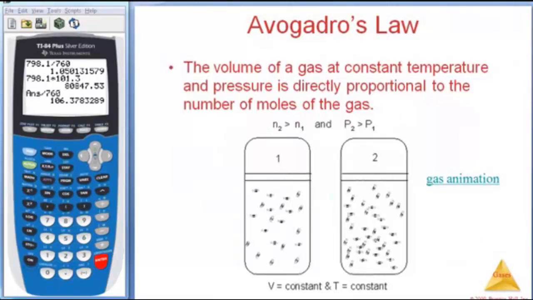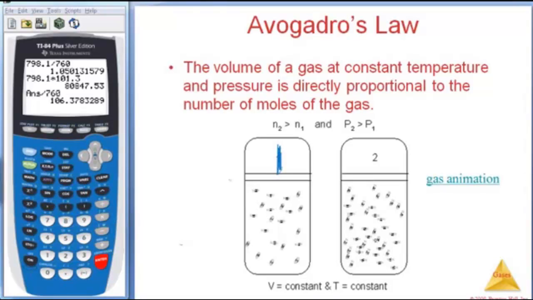Alright, so we're just talking about these so you can make sure that you can internalize. Avogadro's law says that if I increase the number of particles of a gas, then the volume will go up, or the pressure will go up. So let's say I have this container here, and let's say there's a plunger on it.